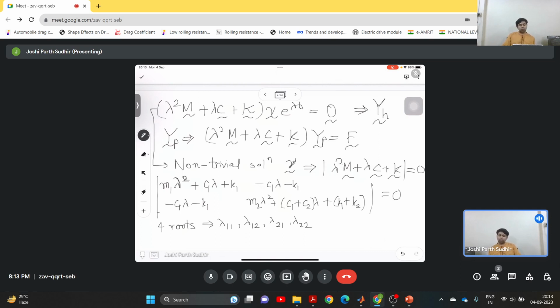So by solving for this determinant, we will get the four eigenvalues, and the corresponding eigenvectors v11, v12, v21 and v22, or mode shapes in other words.